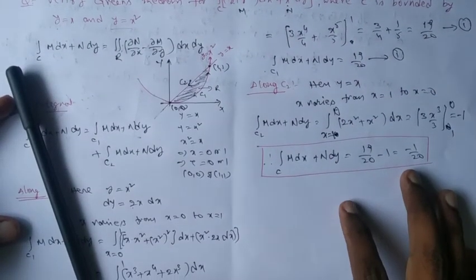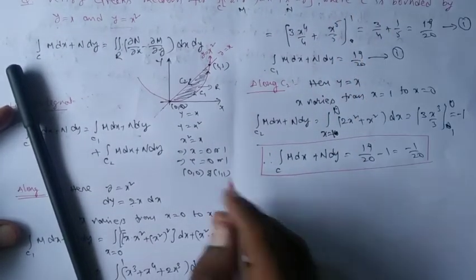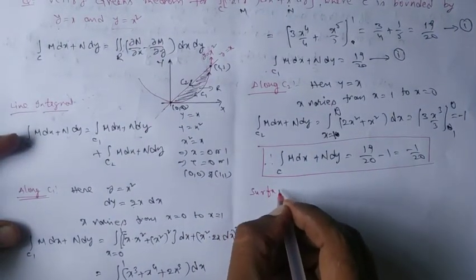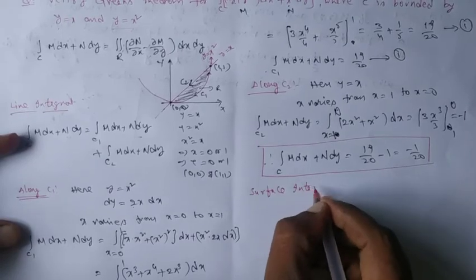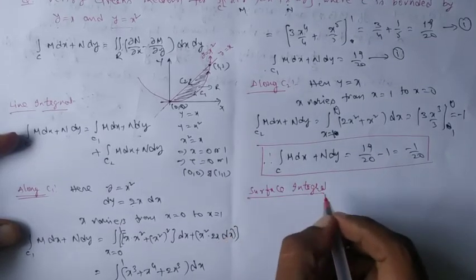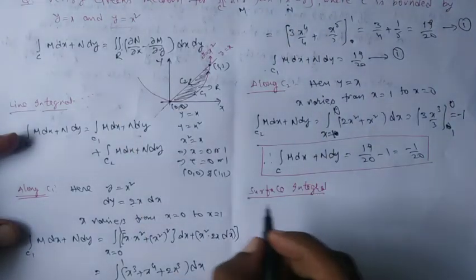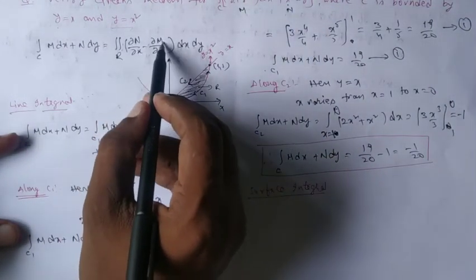Let us try to evaluate the second one, that is the surface integral. Let us solve the surface integral now. Once we observe the surface integration, what do we need to calculate? Dou n by dou x minus dou m by dou y.